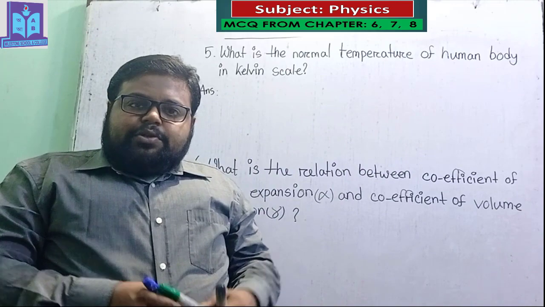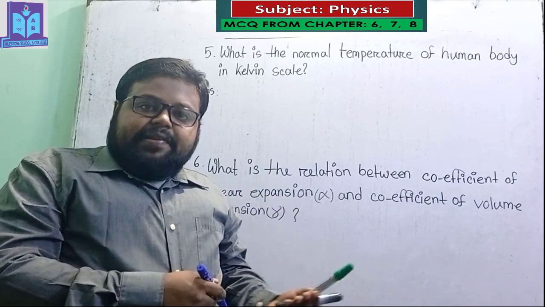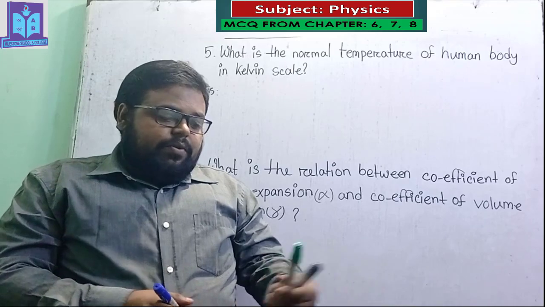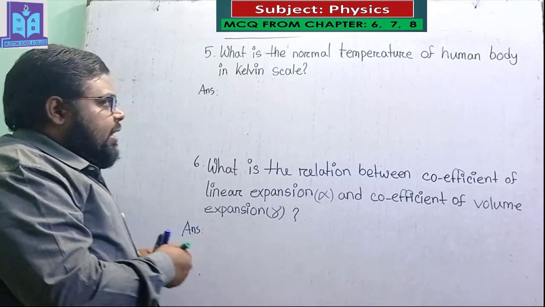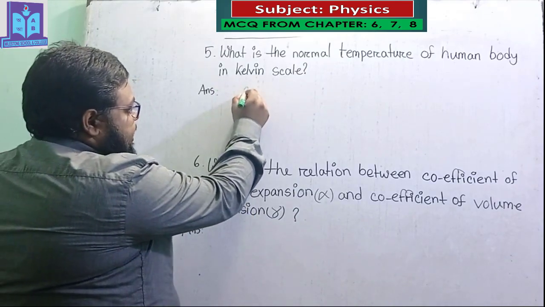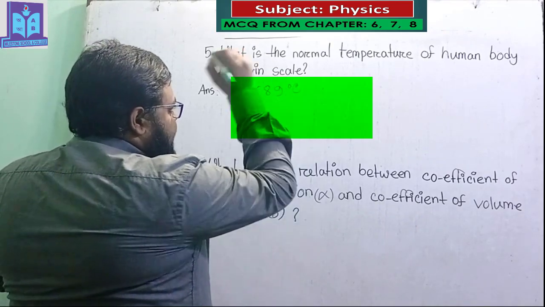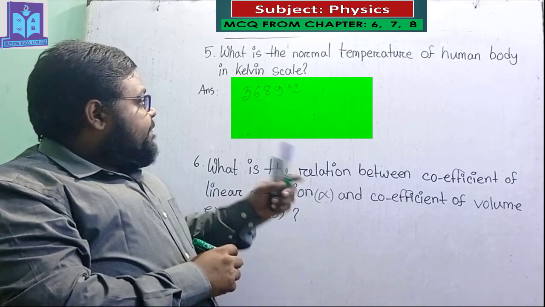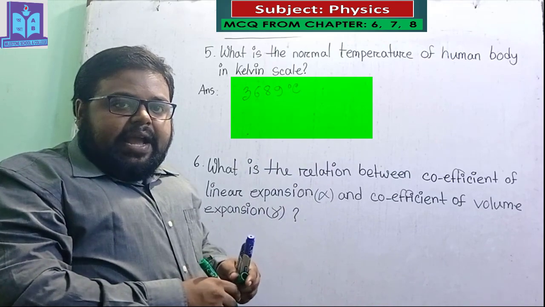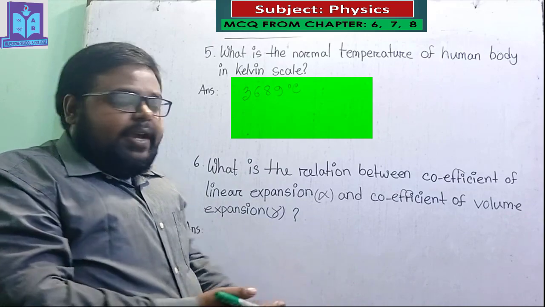Dear student, do you know what is the normal temperature of a human body on the degree Celsius scale? After that, you have to convert degree Celsius to Kelvin. We know that the normal temperature of a human body on the Celsius scale is 36.89 degree Celsius. After that, if we add 273 to that value, it will be converted from the Celsius scale to the Kelvin scale.